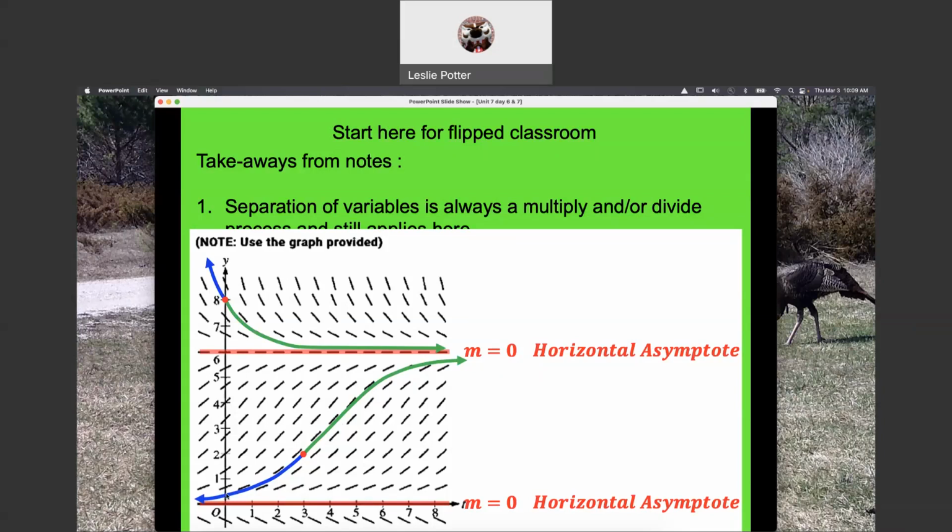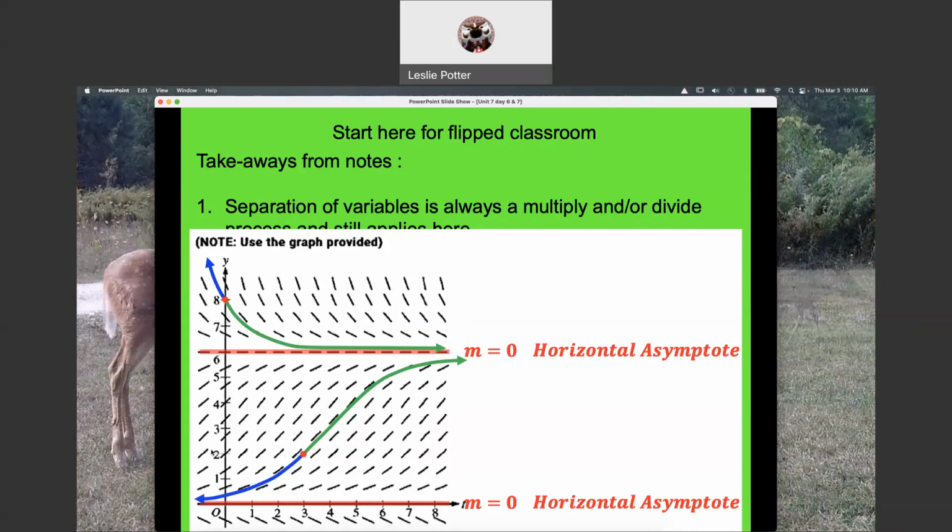I don't know where that is. Maybe it's like 0, 1/3 or 1/4 or something. I'm not sure where it is. But when I plug in 3, 2 into my general solution, I'll be able to find that C value algebraically. Okay, and that's the focus today, that last step of substituting that in. We call this the initial condition, or IC, and that forces it to go through that point.